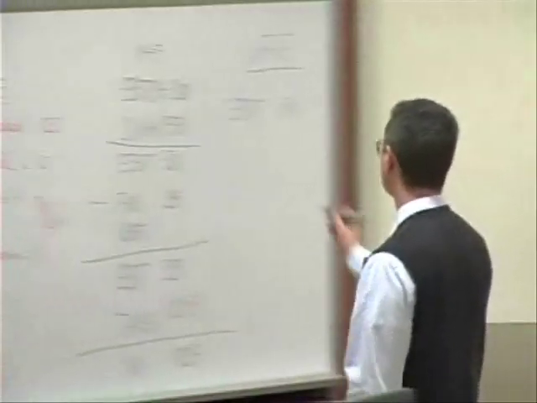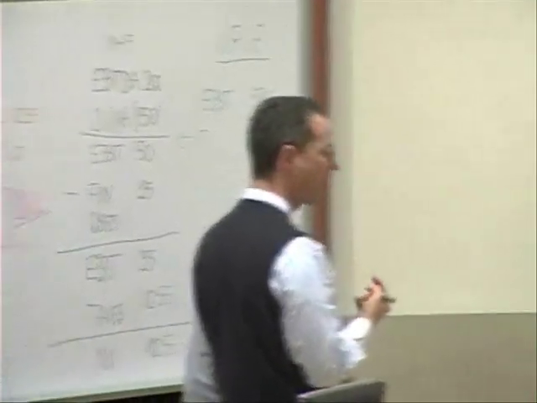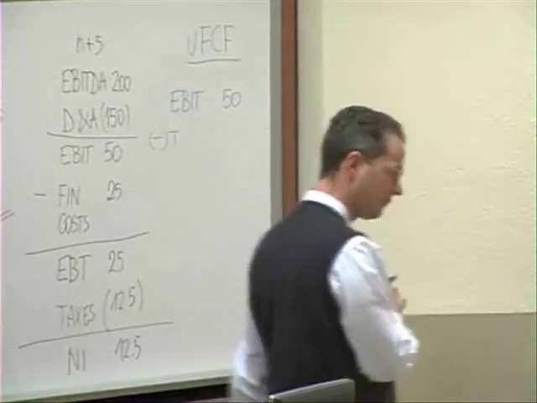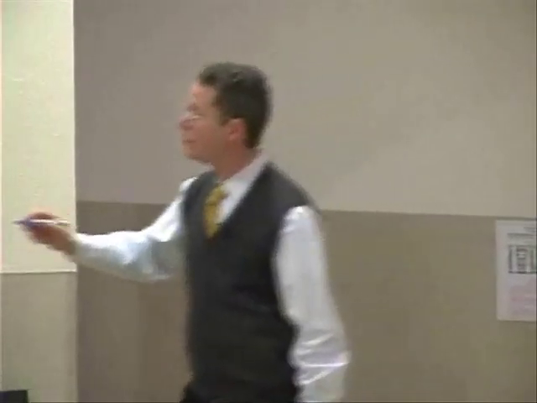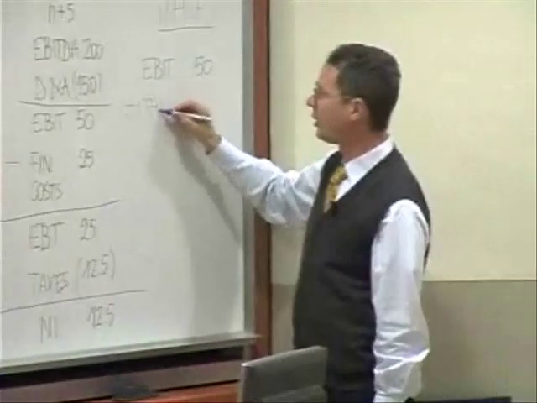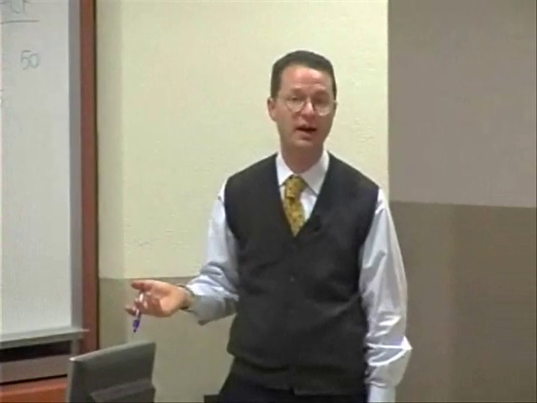Then I must deduct taxes. Attention, this is one of the big mistakes that my MBAs fell into during the last exam. They calculated the taxes on EBIT, and so they said 50% is 25.